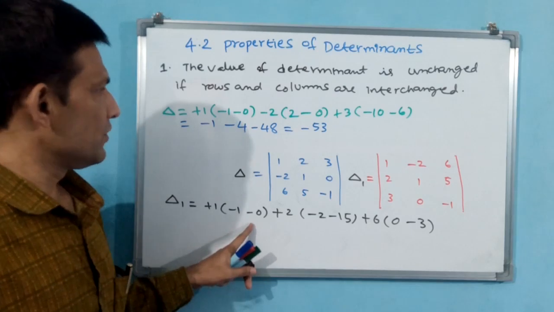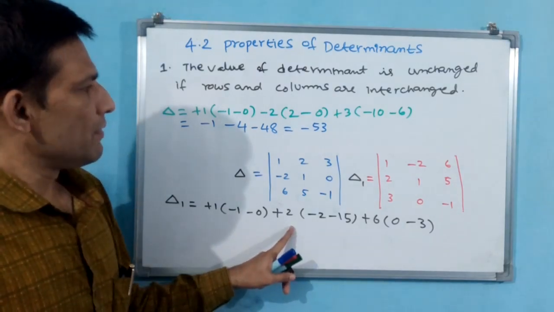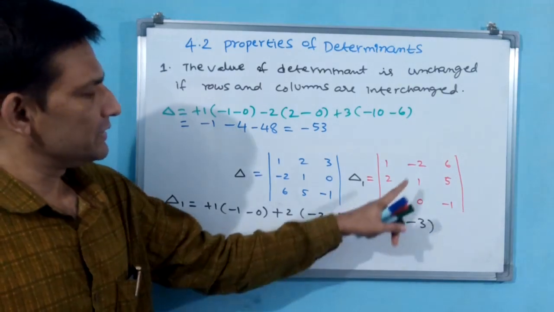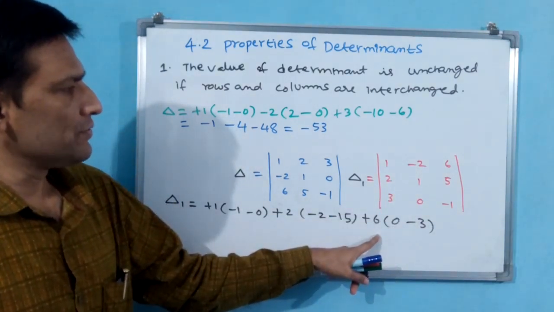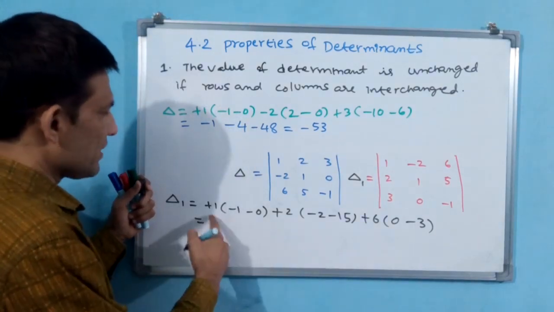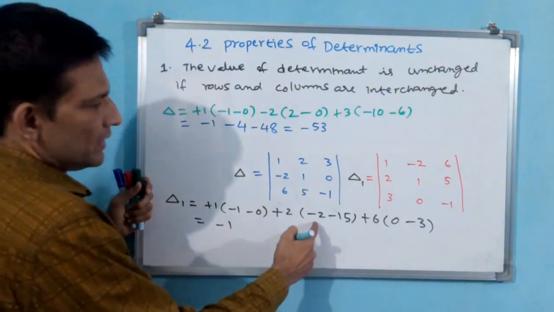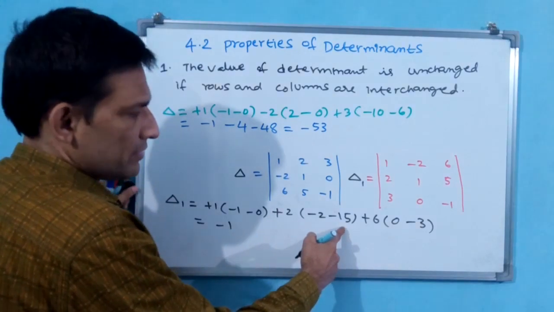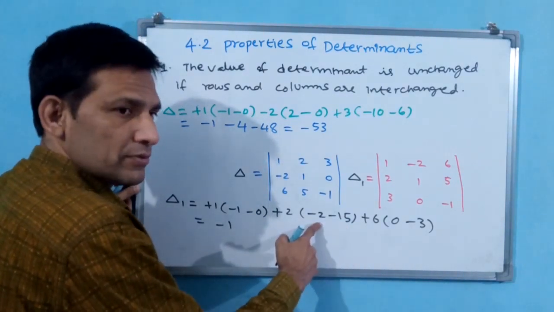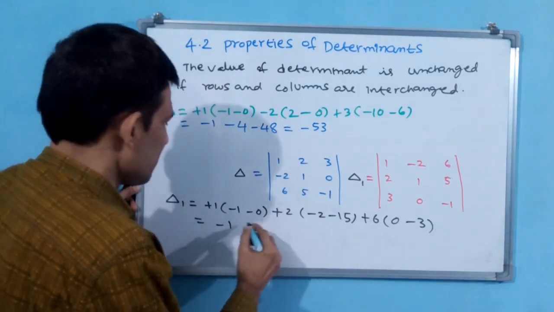Minus 1, minus 0, okay, plus 1 into, plus 2 into, minus 2, minus 15, that is also okay. 6 into 0, minus 3, that is also okay. Now you see, minus 1 into 1, minus 1, and minus 17, 34. See, 15 plus 2, 17, minus 17 into 34.